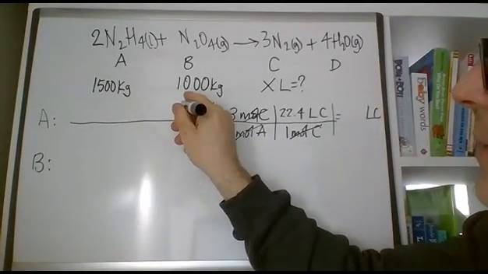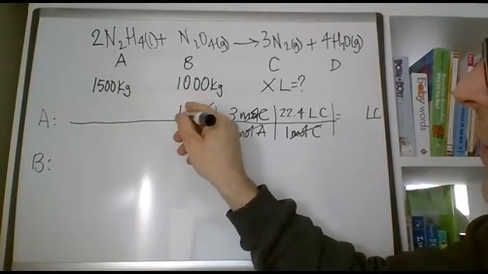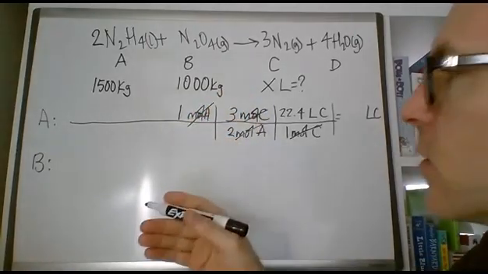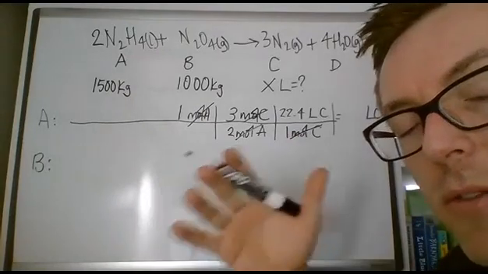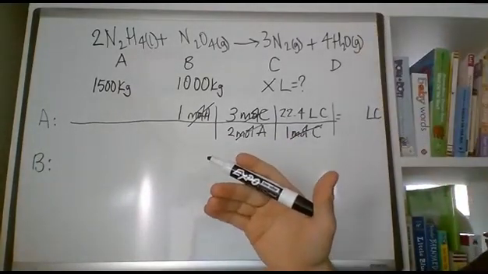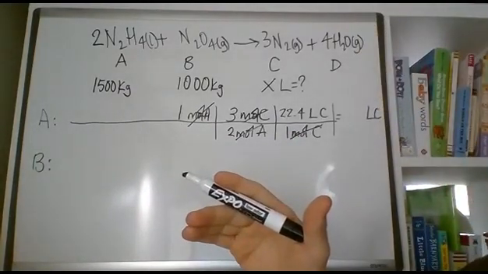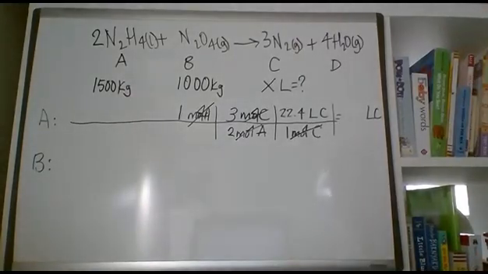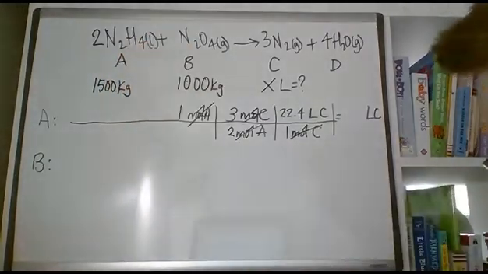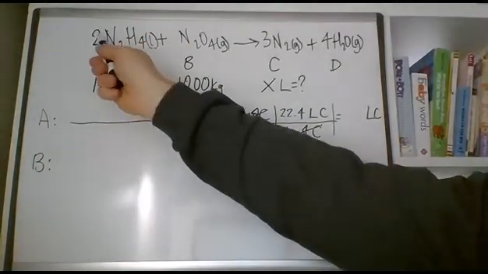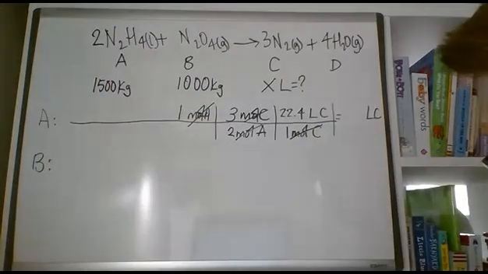I know from definition that 1 mole of A is equivalent to the mass of chemical A in units of grams. So I look at my periodic table, grab my calculator. I need to calculate 2 nitrogens plus 4 hydrogens. Notice that we don't look at the coefficient 2.